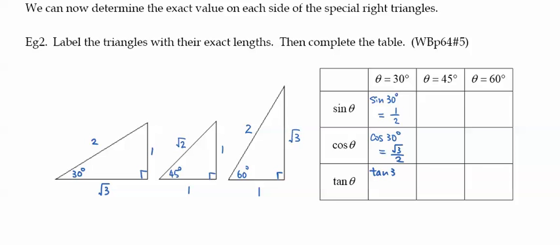So now if I'm to use the same concept to come up with the tangent ratio for 30 degree, or the sine ratio for 45, or the rest of it, I'll be able to complete this table. 45.